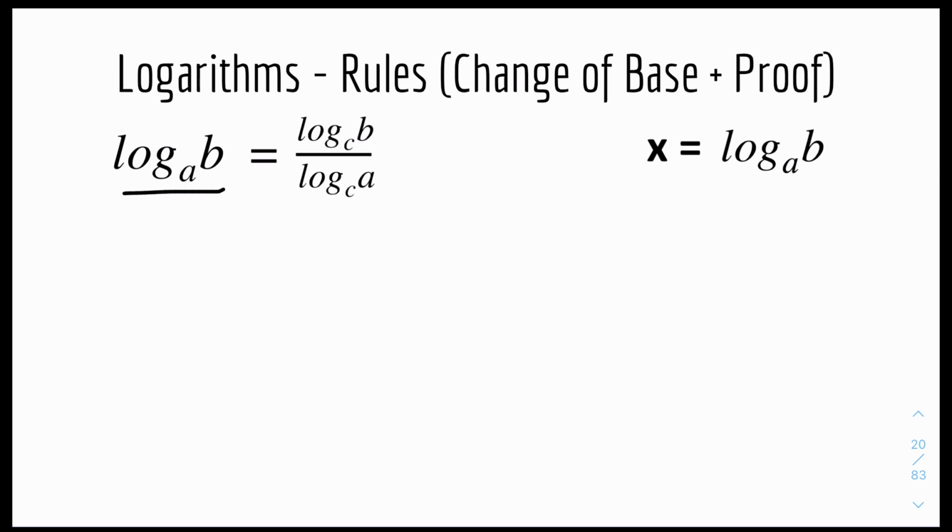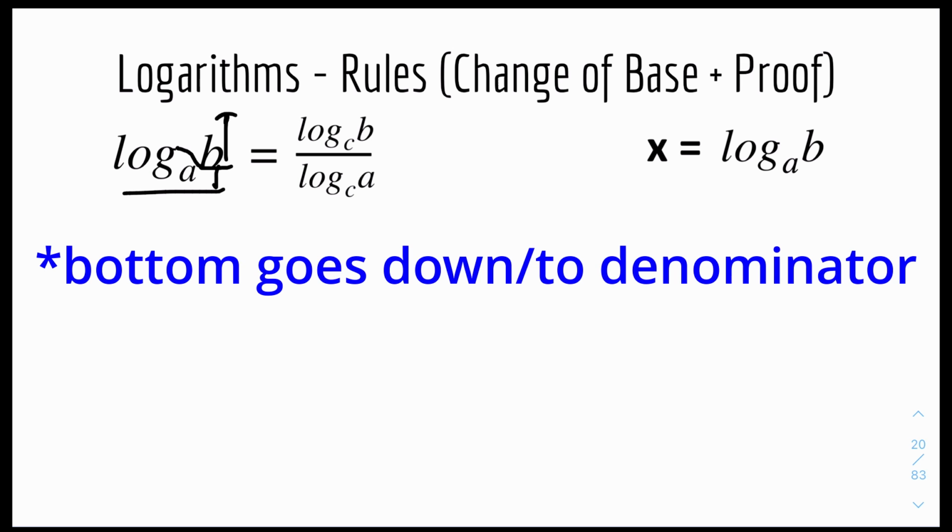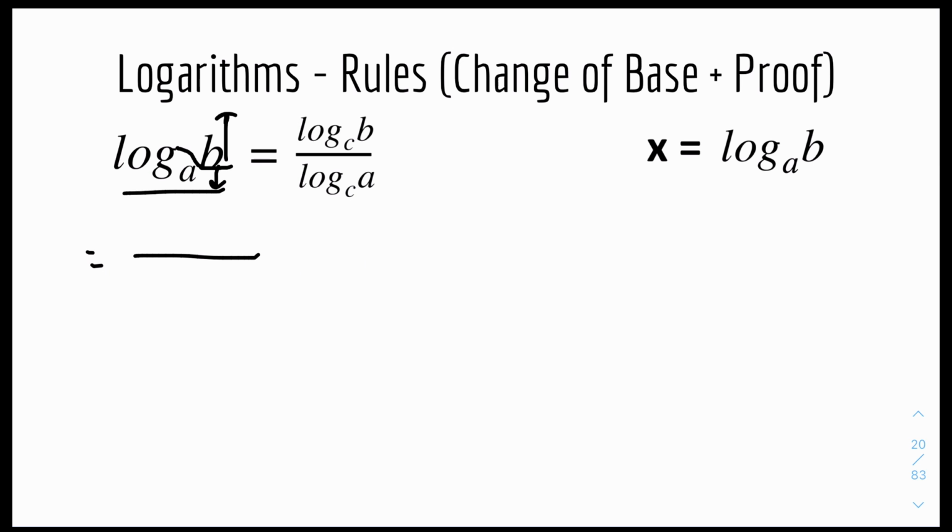Let's say I want a base c, so we have to make sure we know that c is the one that we want for the base. So you will split this log up into two, like this. The top goes up and the top goes down because the final answer would be a fraction. So it's a hint where the b will go up.